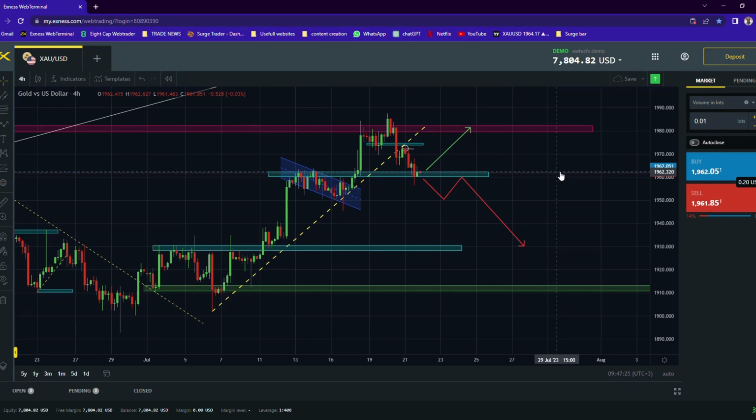All sessions, except the late New York session, but early Asian session, London session, and early New York session. Because by Nairobi time, by the time the New York session is closing, it's already very late in the evening. So we do two sessions, Asian, London, and half of the New York session, the first 4 to 5 hours of the New York session.